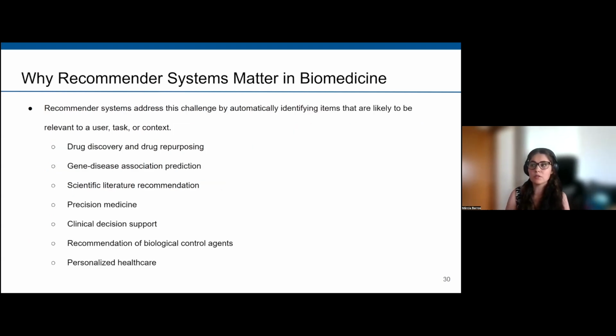Recommender systems address this challenge by automatically identifying items that are likely to be relevant to a user, to a task, or to a specific context. So, for example, drug discovery, drug repurposing, gene-disease association prediction, scientific literature recommendation, precision medicine, some clinical decision support systems, recommending biological control agents. We'll talk a little bit about this in the end, and personalized healthcare.